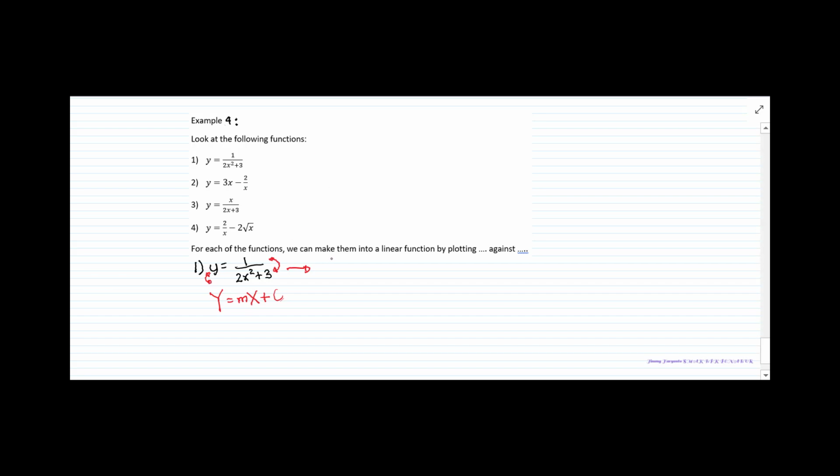So if we flip it, it will become 1 over y equals 2x squared plus 3. There you go. It is more similar with y equals mx plus c.